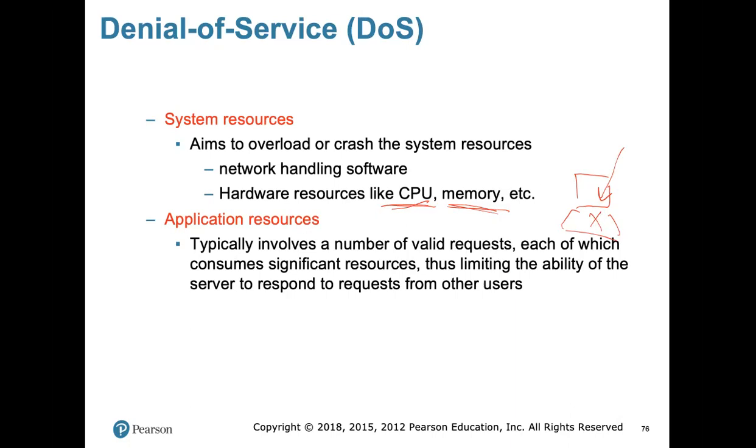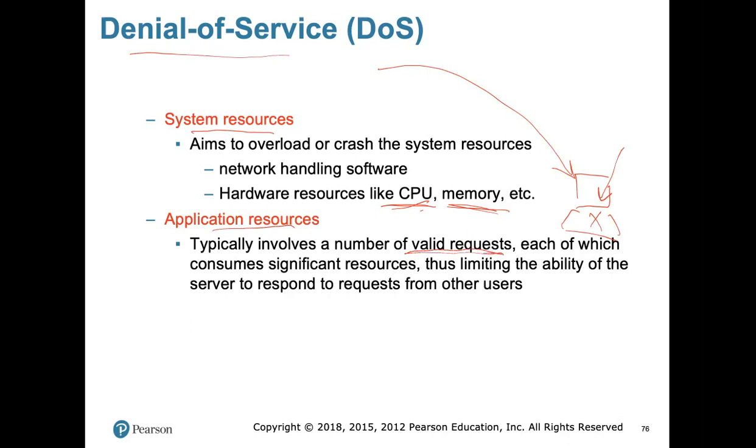That's why system resources being attacked in a DOS are usually not attacked from the local computer. They are attacked over the network. Or application: you have applications which again come from the network, and they try to send a huge number of valid requests.